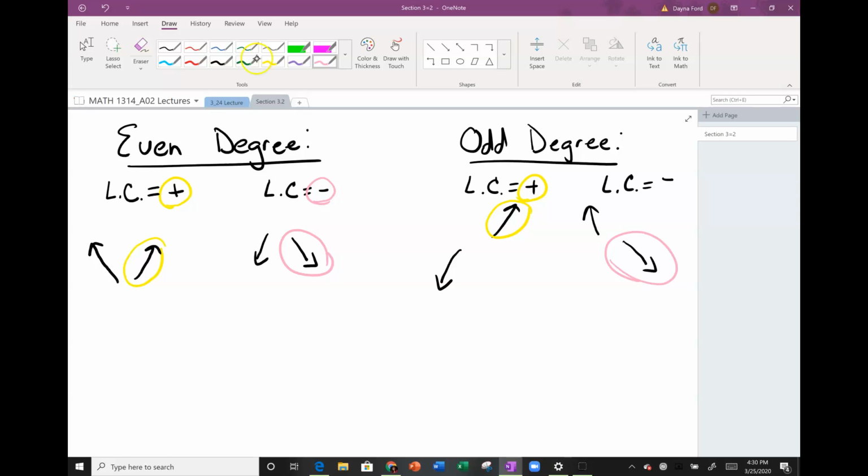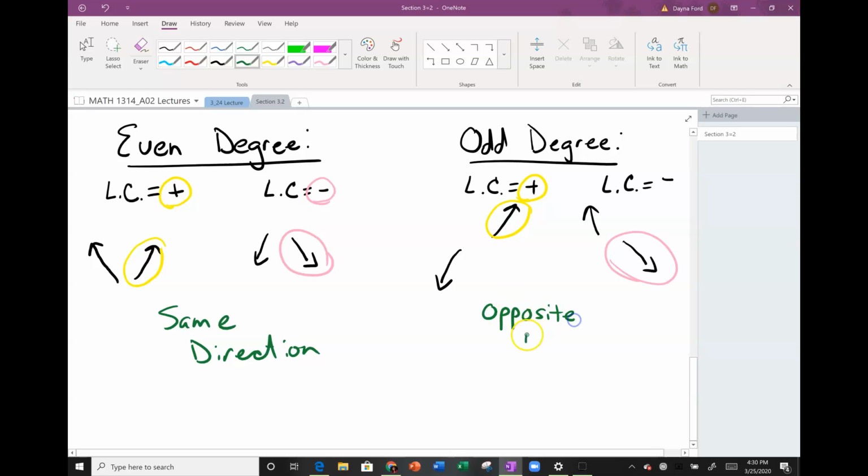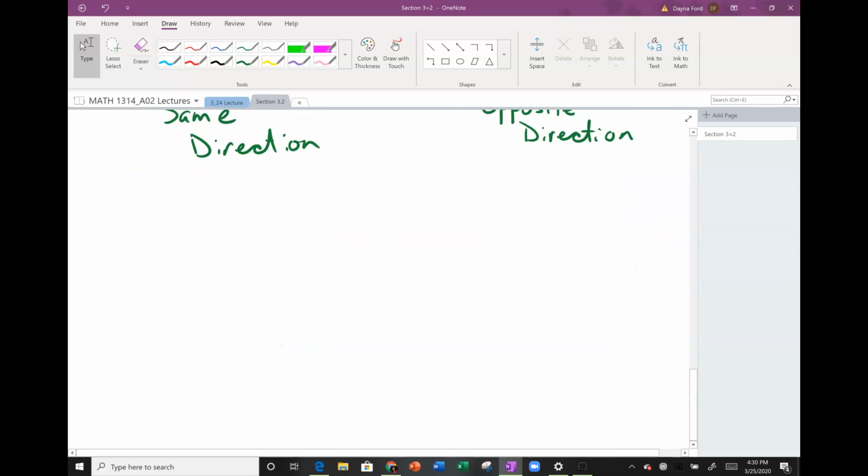And then if the degree is even, we are going the same direction. And if the degree is odd, we're going the opposite directions. So think about odd being in those opposite directions. So I want to look at a couple of examples before I leave this video.